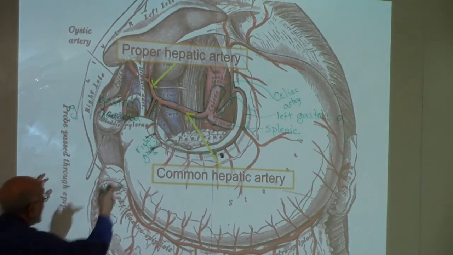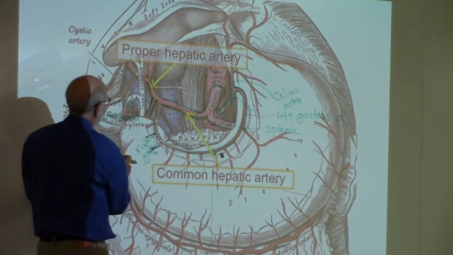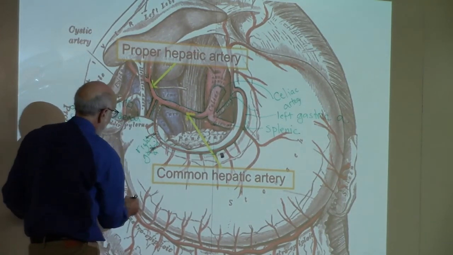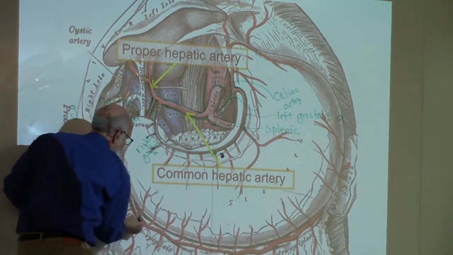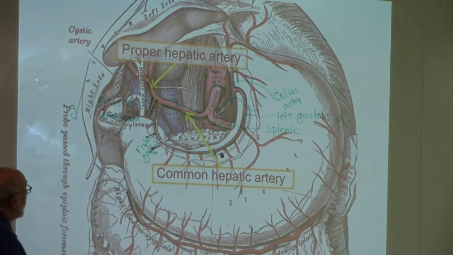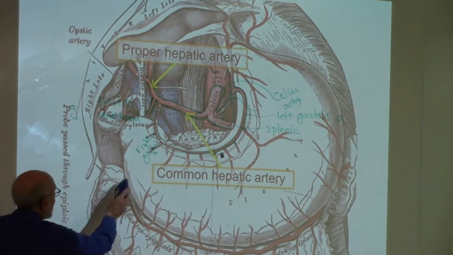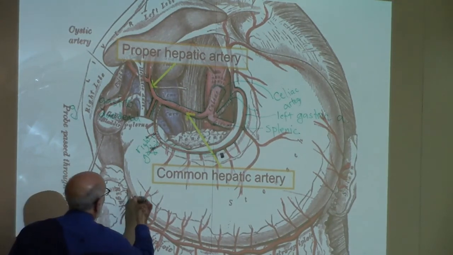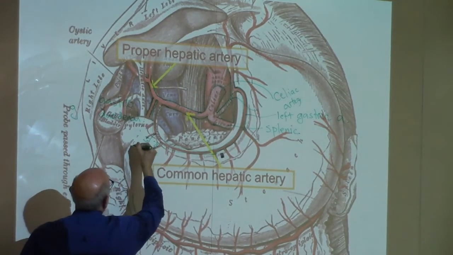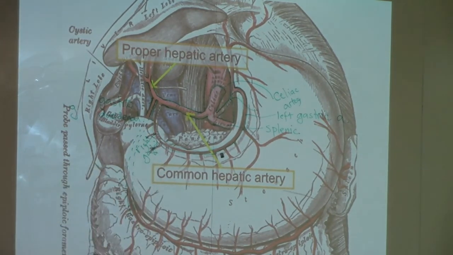And now, it's disappearing behind the stomach here. There's the pylorus. It's disappearing behind the stomach, but coming off of the gastroduodenal is this artery here, which is called the right, clarify that a little bit. This one here, which is coming from the gastroduodenal, so maybe put a dotted line there to indicate where it's coming from.